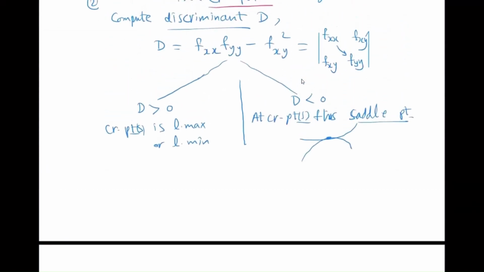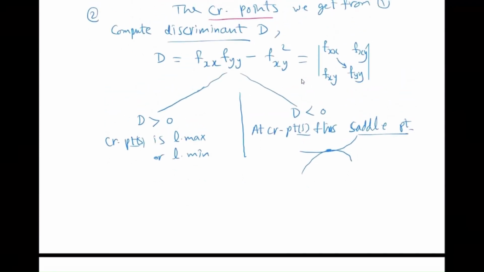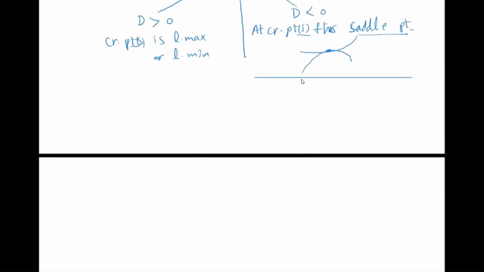Okay, so third step here to distinguish. If D is negative, the point is a saddle point, we finish here. But if D is positive, we go to step 3. D is positive, so we look at the sign of fxx, or fyy, but they have the same sign.